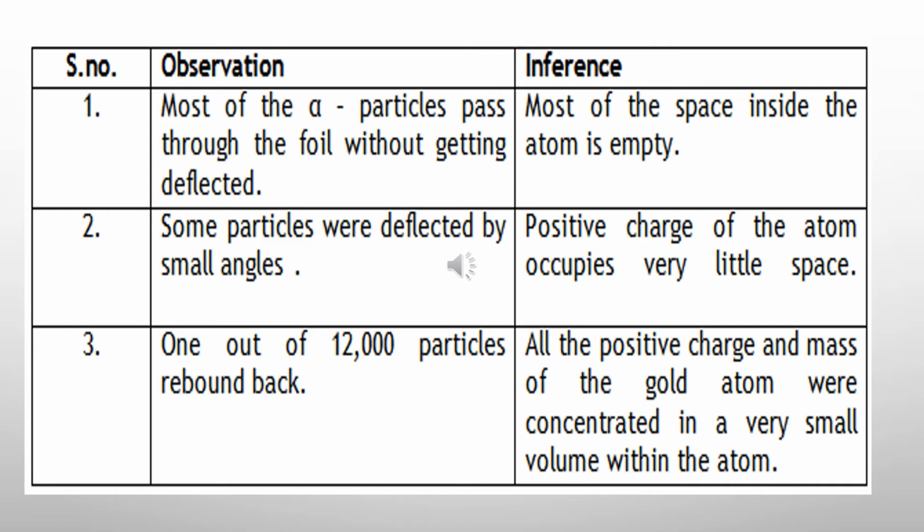This indicates that the positive charge of an atom occupies very little space. One out of 12,000 particles rebounds back, so that means they come back by 180 degrees. This makes us infer that all the positive charge and the mass of the gold atom were concentrated in a very small volume within the atom.